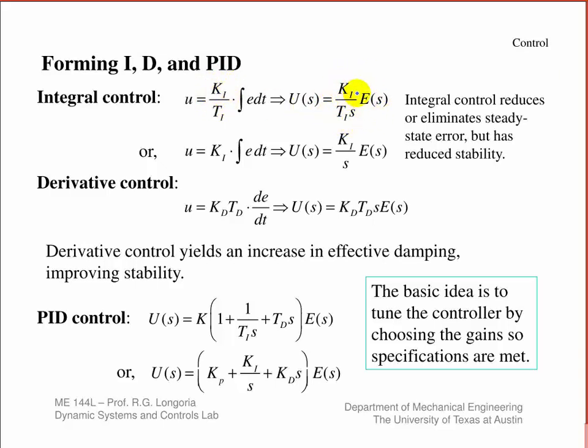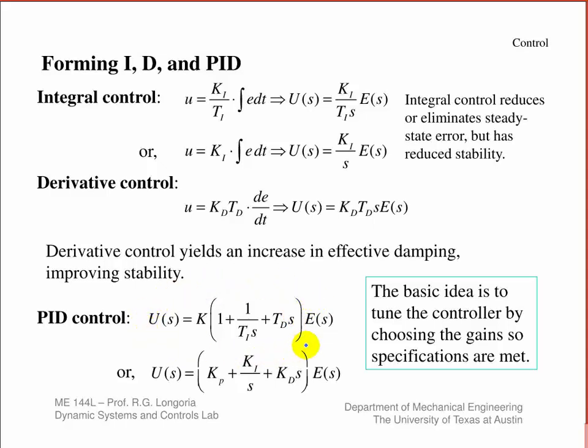So you have not only a gain here, but also a t sub I, and in other cases you might see just a constant k sub I, written in this form, with no t. Similarly, for the derivative control, you might have a t sub d, and sometimes you might have just a k sub d. So I summarize these down here.